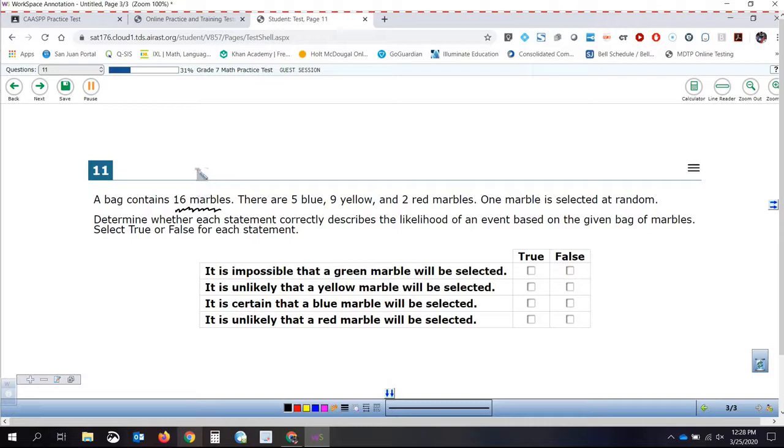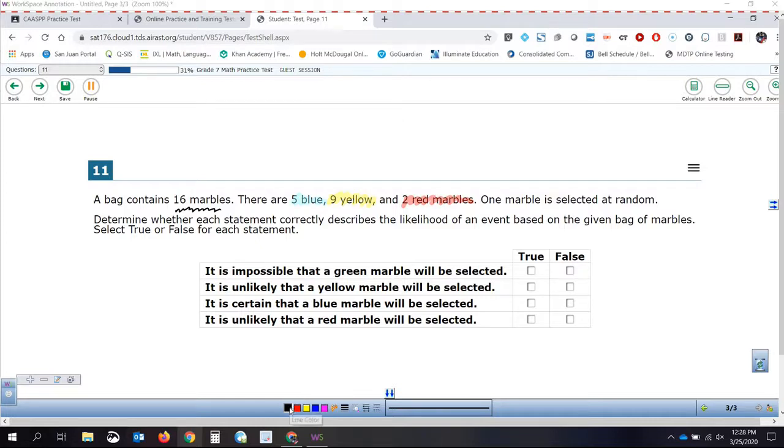There's 16 different marbles that I can pick out at any given time. Now, out of those marbles, it says that 5 are blue and 9 are yellow, and that 2 are red. And of course, 5 plus 9 is 14, 14 plus 2 is 16, giving our total of 16.